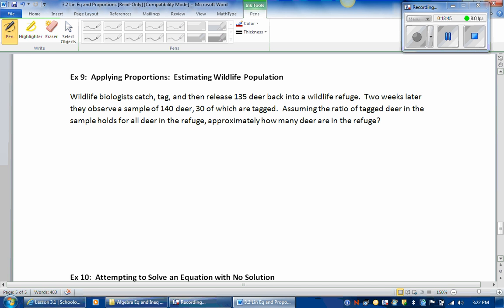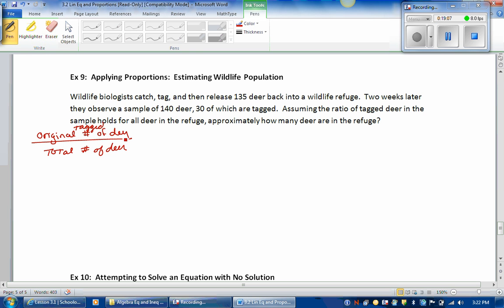Okay, so we're going to do the original number of tagged deer, and we're going to divide that by the total number of deer.